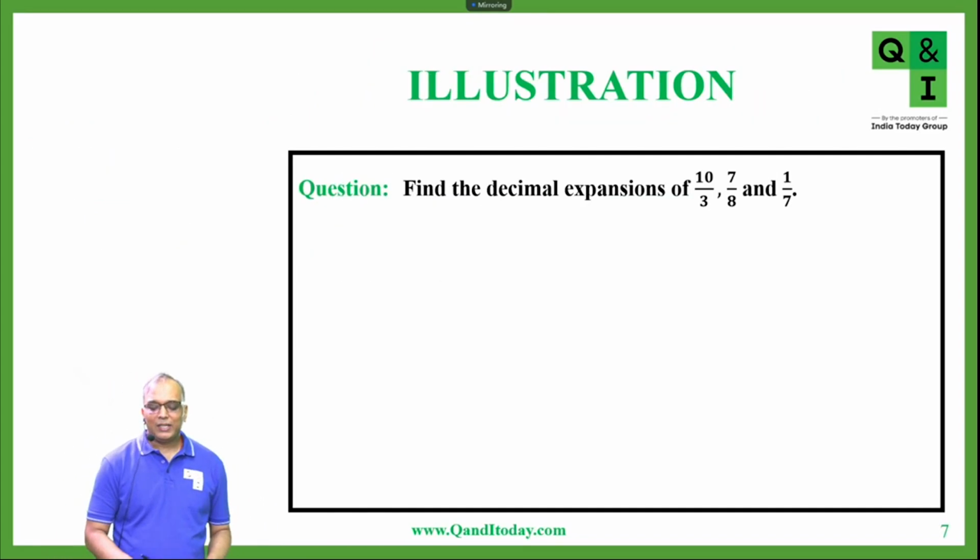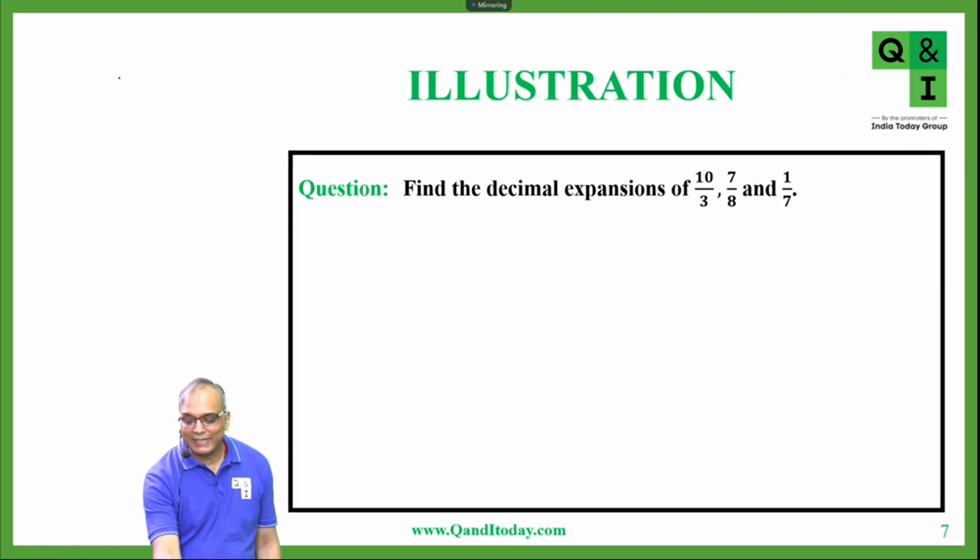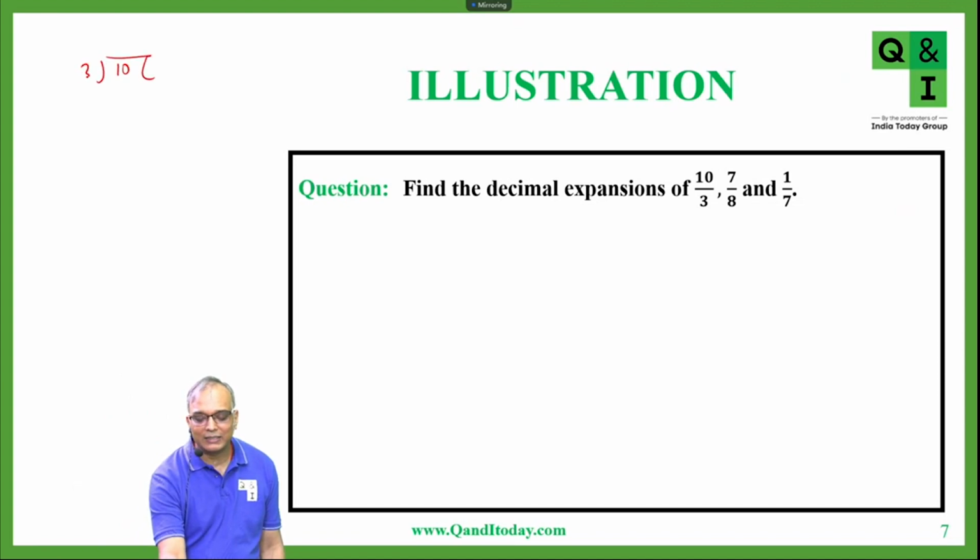Now, quickly, students, the first question is to find the decimal expansion of 10 by 3, 7 by 8, and 1 by 7. So we'll do it one by one and write the decimal expansion, right? So 10 by 3, we'll divide 10 by 3. So 3 times 3 is 9. You have 1 as remainder.